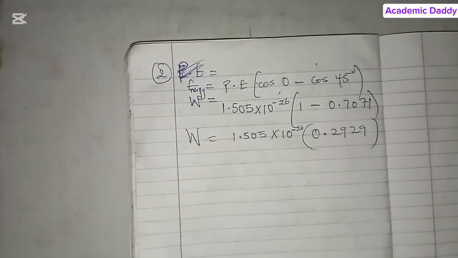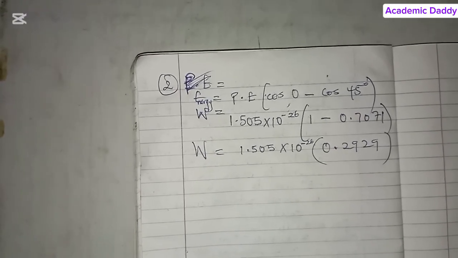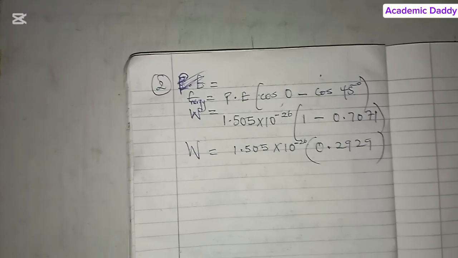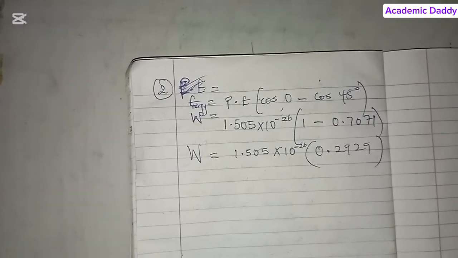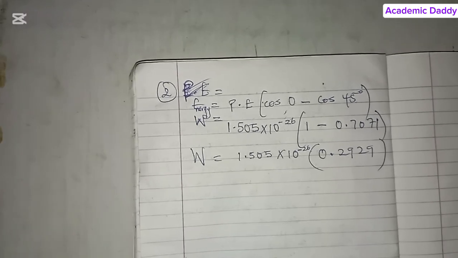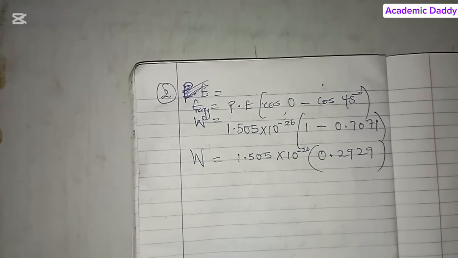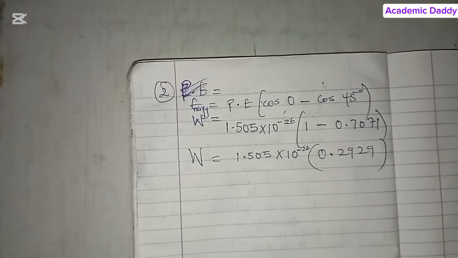So this is going to be the same thing as saying 1.505 times 10 raised to power minus 26 times 0.2929.